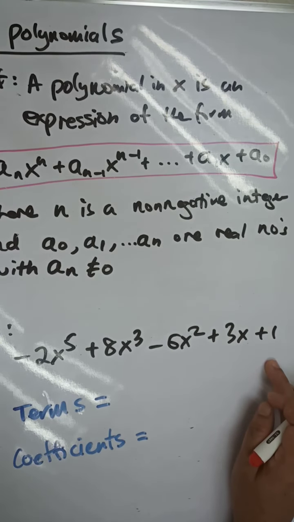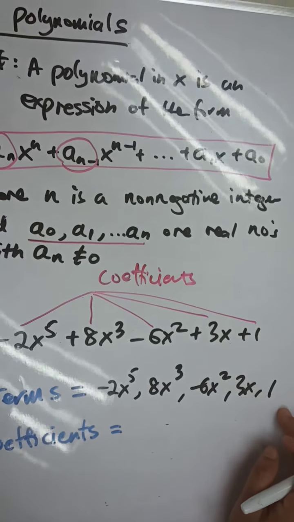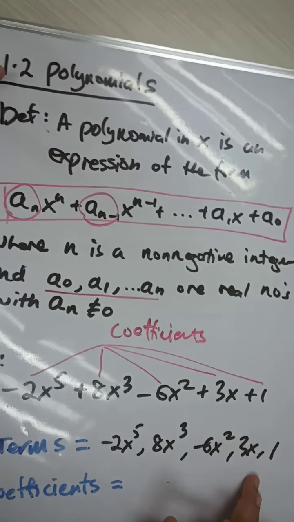Here I already wrote this one. So what is a term? The terms are 2x power of 5, 8x power of 3, negative x power of 2, 3x, and 1. This is what we call terms, term by term. We have how many terms? If we combine all of this, we call it a polynomial. What is the coefficient?